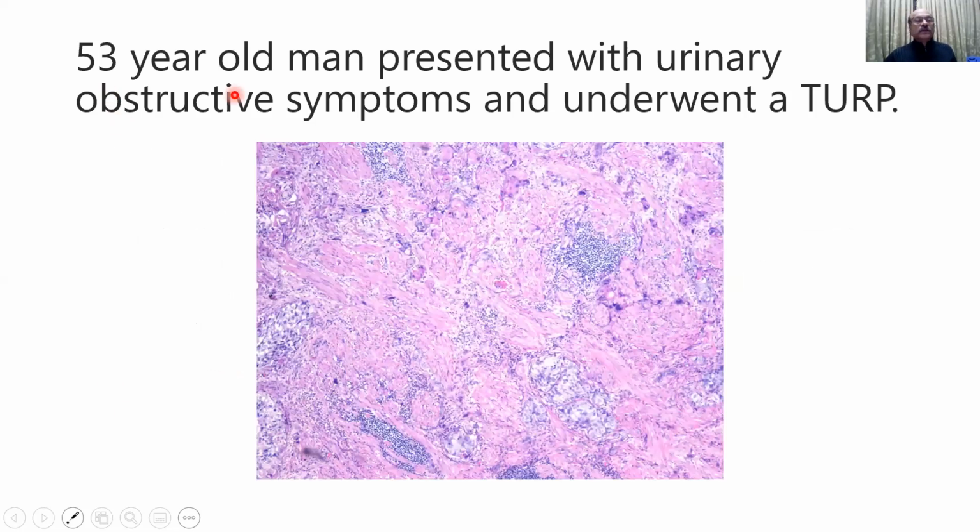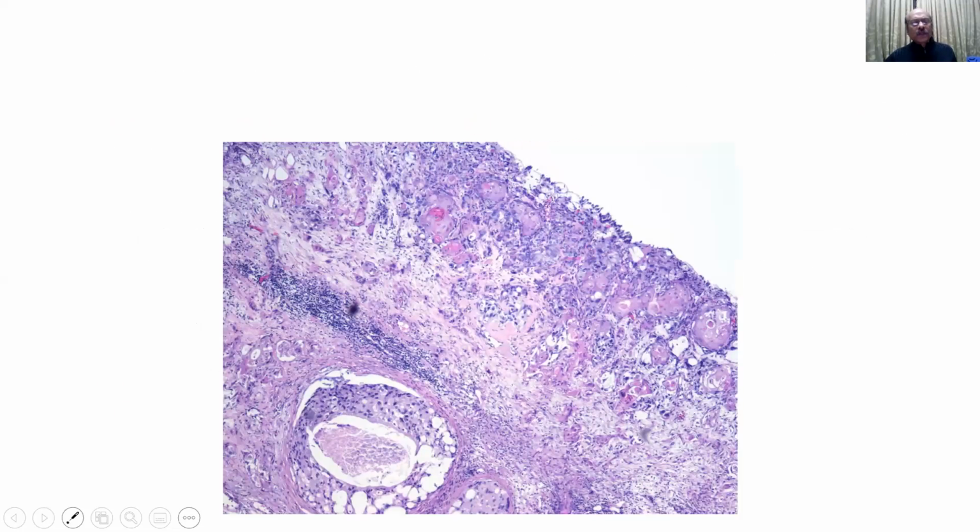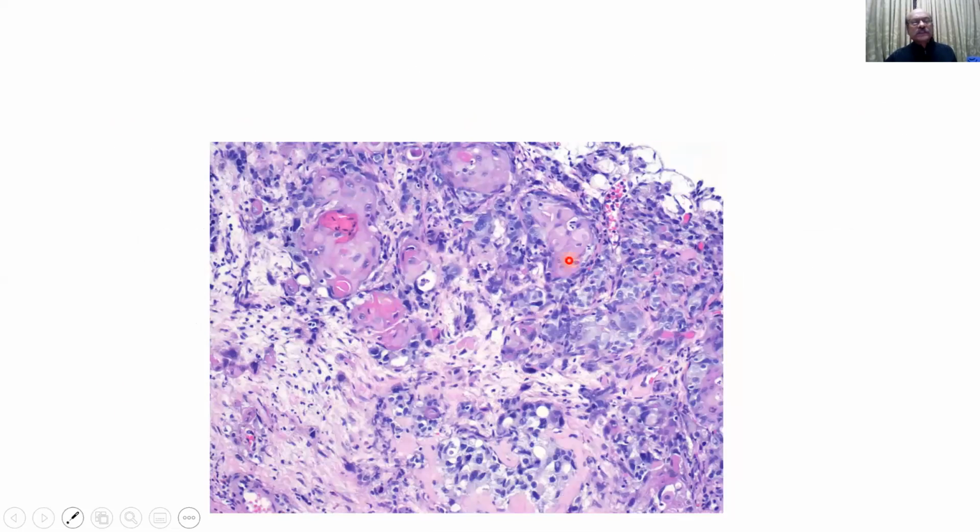This is another case, a 53-year-old man who presented with urinary obstructive symptoms and underwent a TURP. Here is the tumor and here are other areas. So there is one type of tumor, and there is another type of tumor. Here the tumor cells show squamous differentiation. But here, these are different.